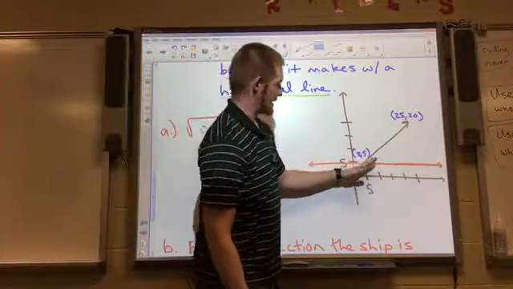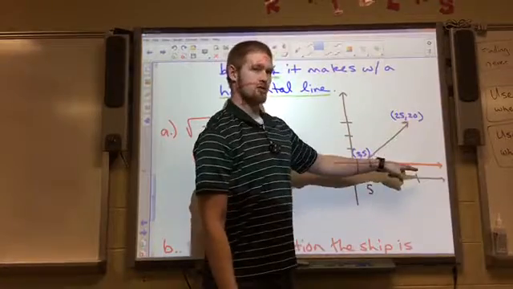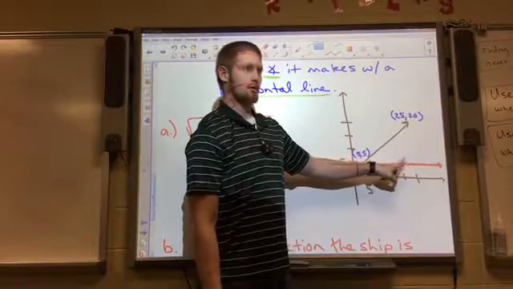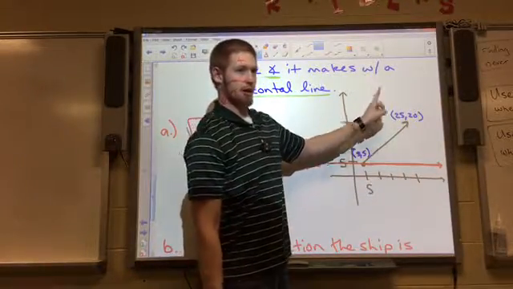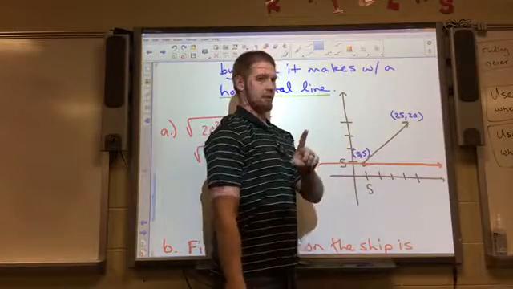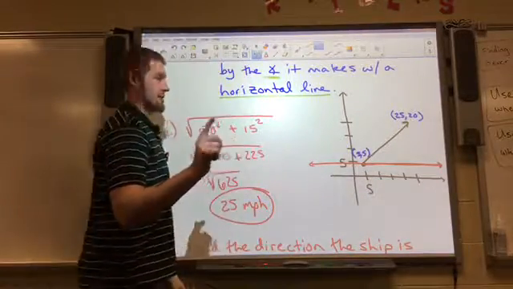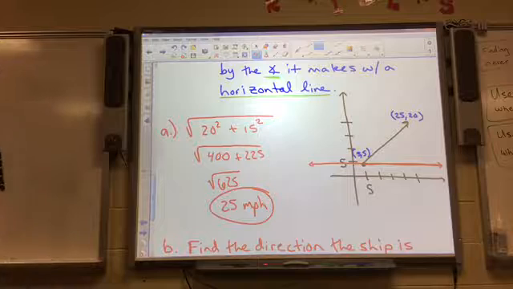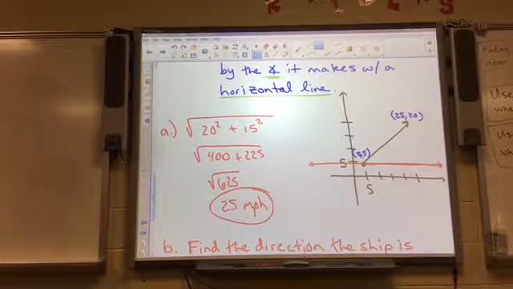Now obviously I'm angled this way, so I'm going some east and some north. Got to be careful there though. We all want to say northeast. I'll show you in a second why it's not northeast though.